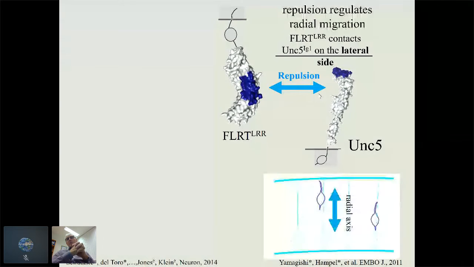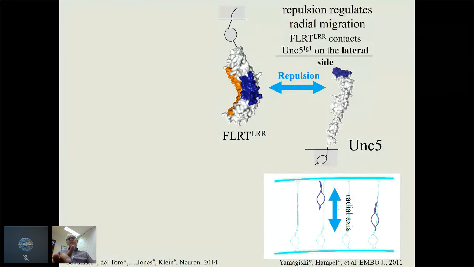And then we had shown in this paper that although we did not study this fully, there's some evidence that radially migrating cortical neurons that have the UNC5D receptor respond to FLRT2 in the cortical plate and actually slowed down by FLRT2 UNC5D interaction.